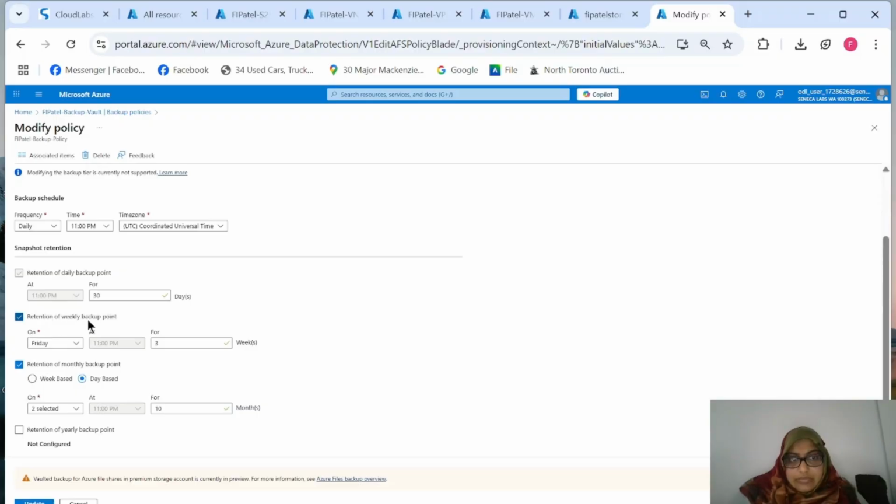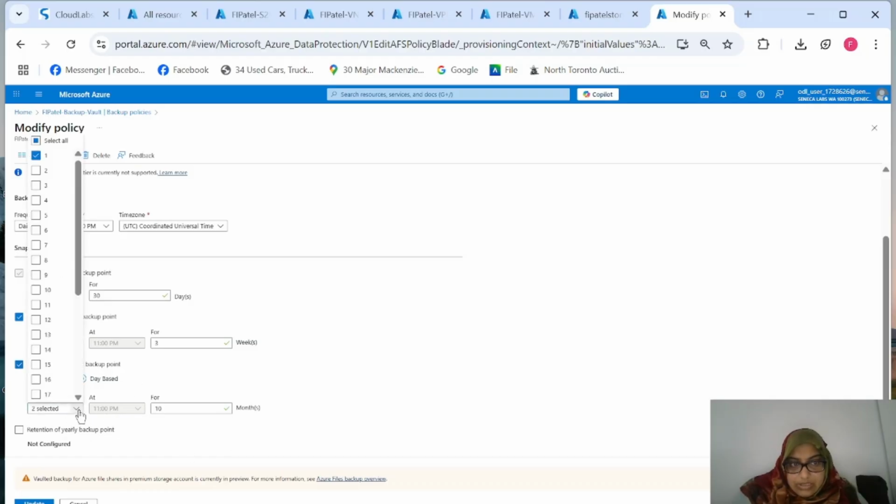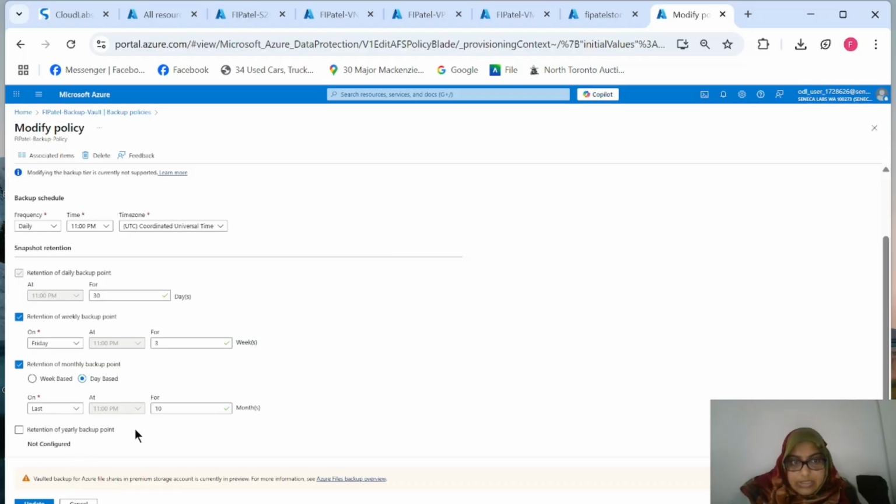The retention of the weekly backup point is on Friday, 11 p.m. for 3 weeks, and the retention of the monthly backup point is on the last day of the month, 11 p.m., and that is for 10 months.